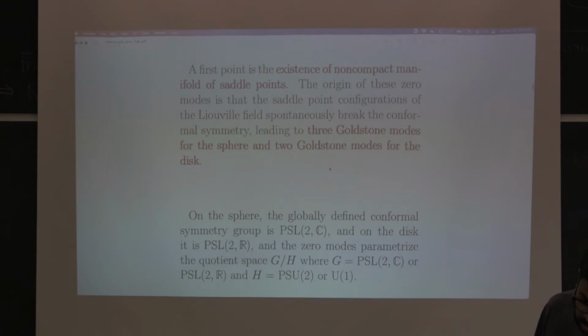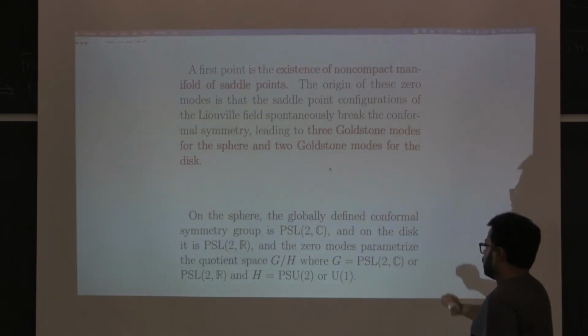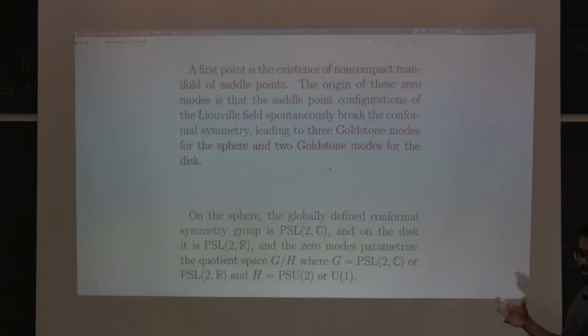Let me emphasize again that there's a non-compact manifold of saddle points, and it is G mod H. If H is the symmetry group that preserves your saddle, G mod H is the space of Goldstone bosons that you get.